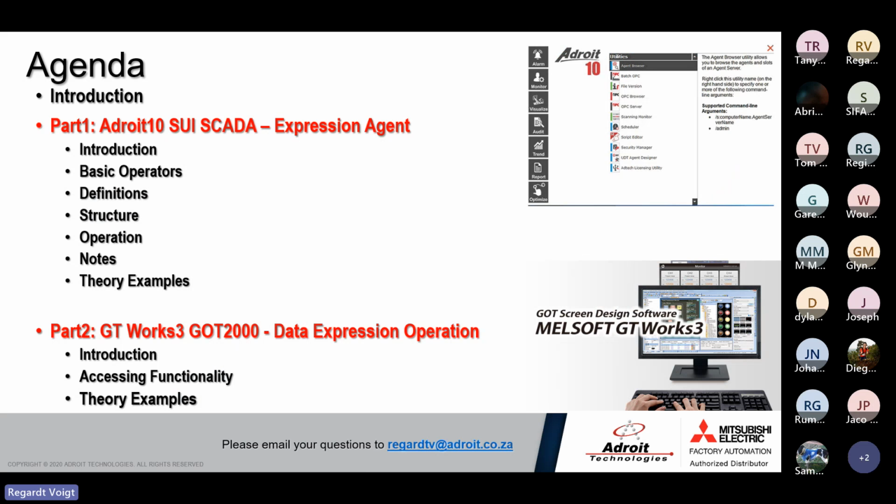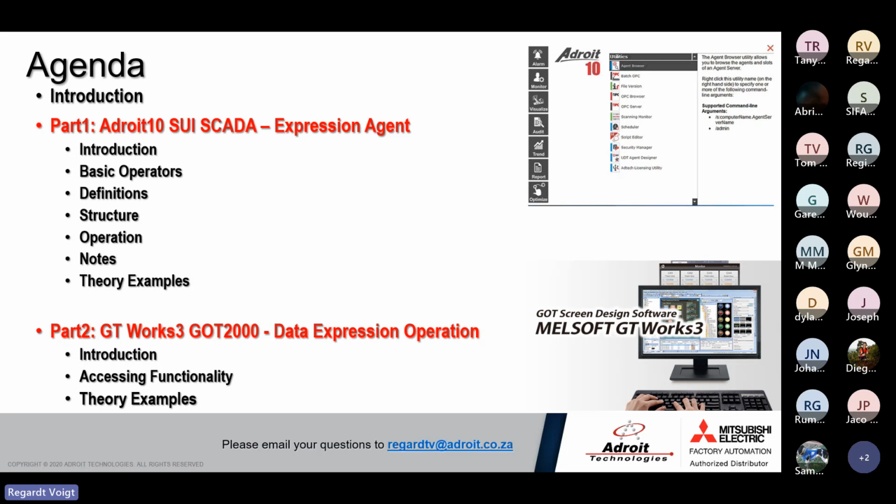Right, so the agenda. We'll have a quick introduction of what's involved and what the points and factors to consider are from a mathematical and logical aspect. Then part one, as mentioned, will be the Adroit SCADA part for the expressions.